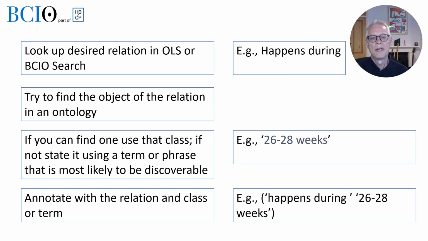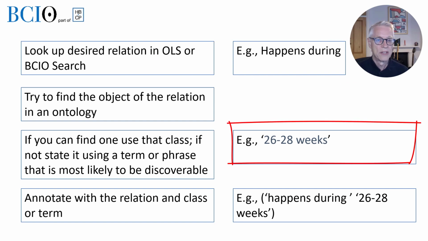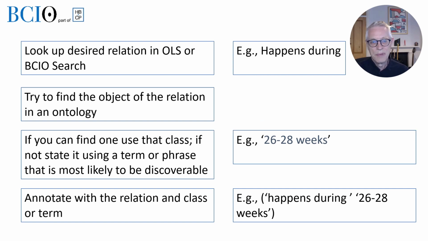To cover the period over which we're interested in tobacco use in our example, we can use happens during and specify a literal, which is, in this case, 26 to 28 weeks. This isn't ideal because ideally we'd want to be able to express this more formally, but that's something that we're currently working on.